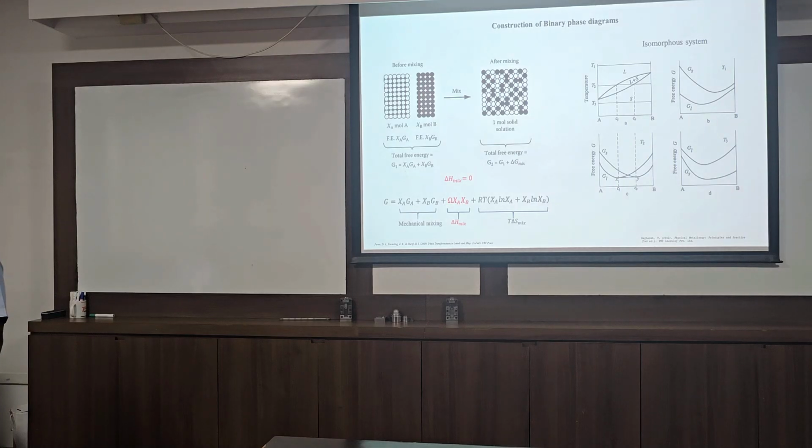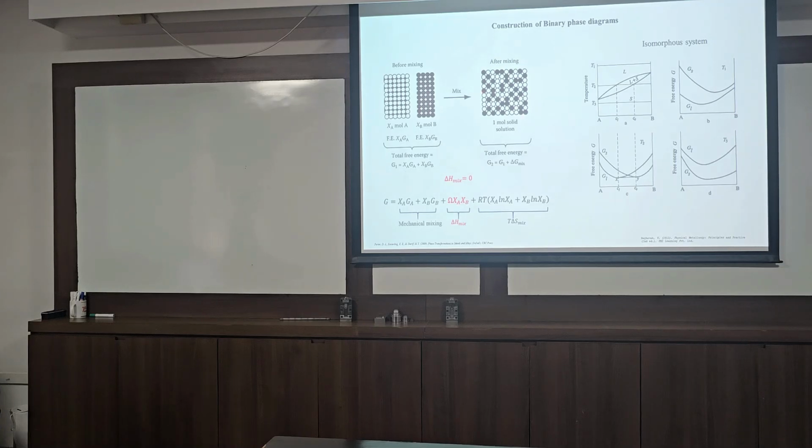For example, we are taking one substance, and we are taking X amount of A, where A is the type of element we are taking. So what will happen when we mix these two elements? It will form some solution, like when you take some water and sugar and mix it, we get a solution. Similarly, we get a solution.